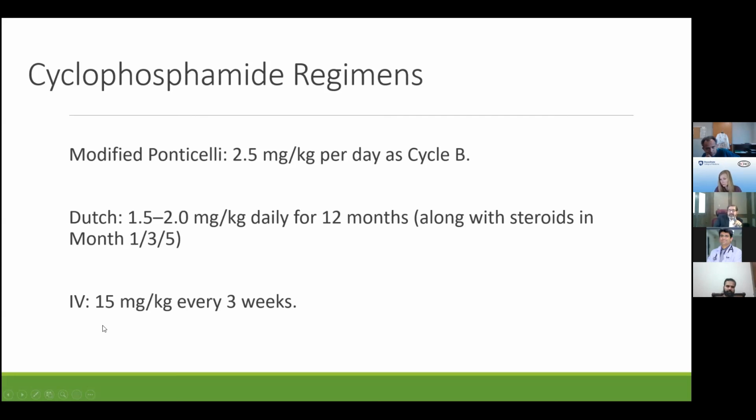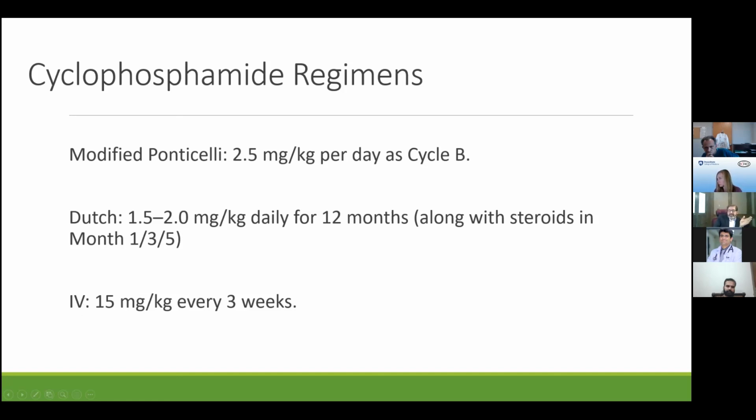If you don't have an option, you can use 15 mg per kg every 3 weeks. Again, this is not within the confines of a trial, but if your back is to the wall, you can probably use this dose as cycle B instead of the oral cyclophosphamide based on the Ponticelli or the Dutch protocol.